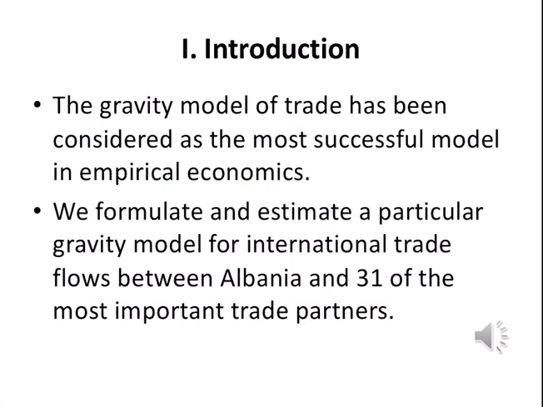According to Leamer and Levinsohn, the gravity model of trade has produced some of the clearest and most robust findings in empirical economics. So we formulate and estimate a particular gravity model for international trade flows between Albania and 31 of the most important trade partners.